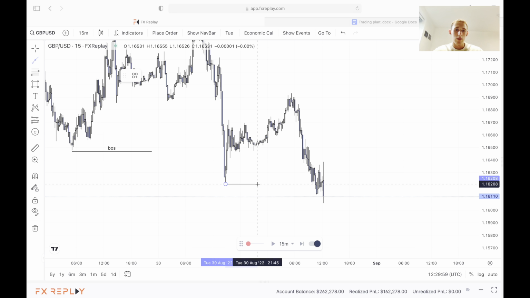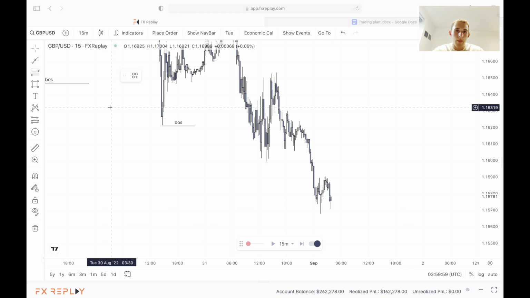So we'll keep playing it. Again, this would be another break of structure. See if there's any valid areas.